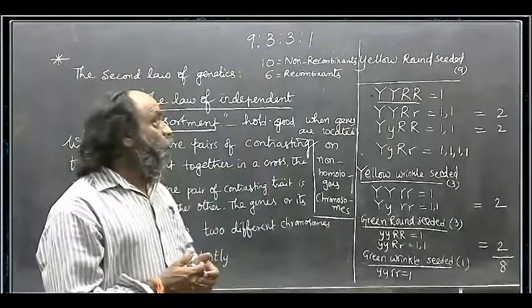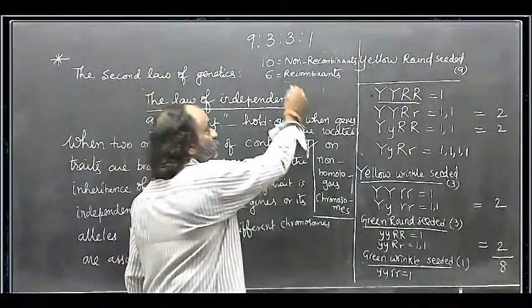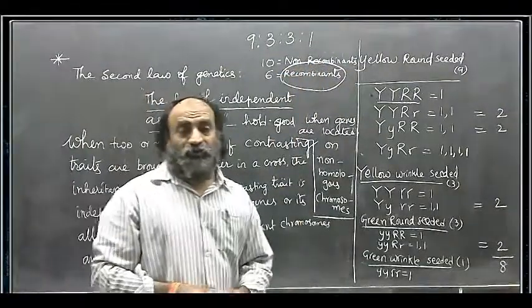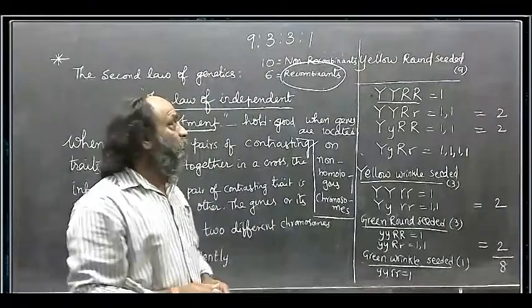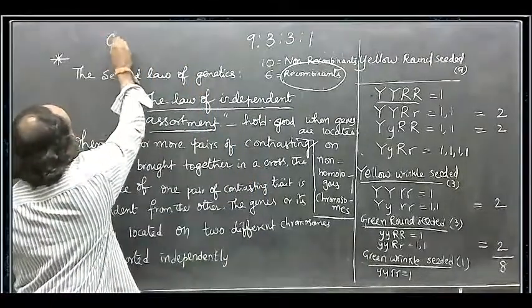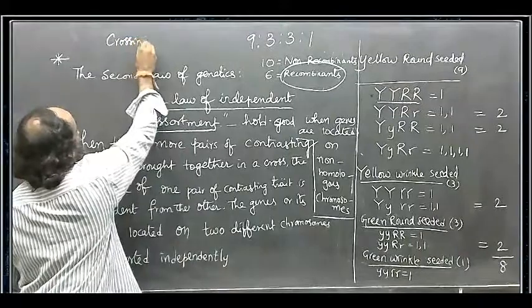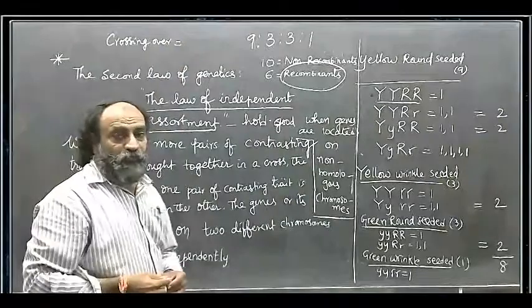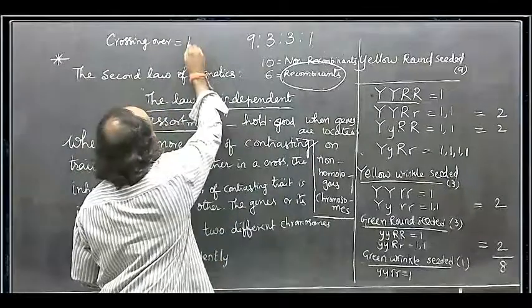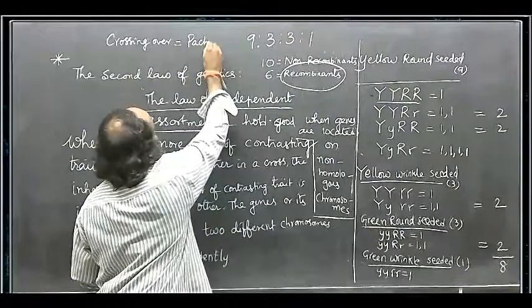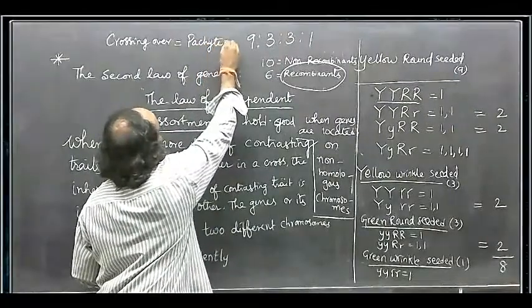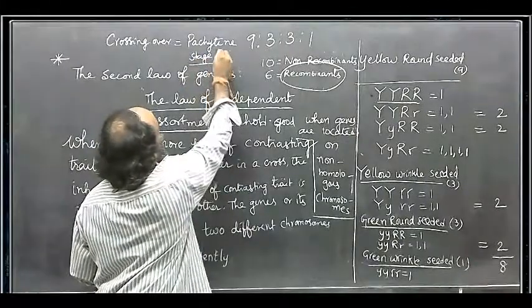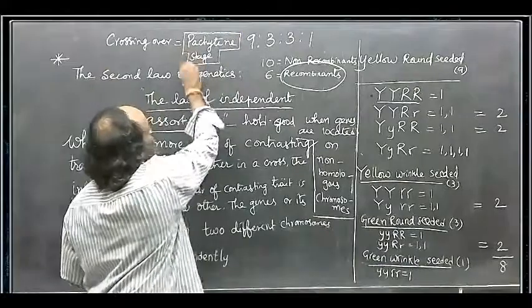This crossing over results in recombinants, and this crossing over happens during the packaging stage of meiosis.